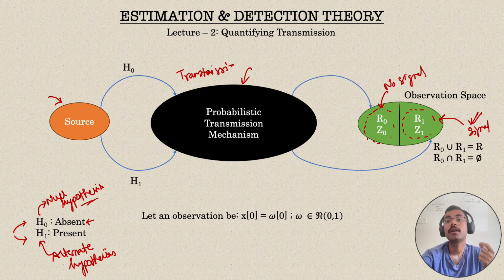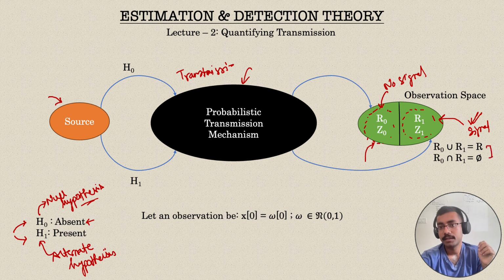The other thing is these two are mutually exclusive sets, meaning the possibility of one happening itself decides the possibility of the other happening. If I observe that there is no signal, then in that specific observation a signal is not there. So these are mutually exclusive as well.